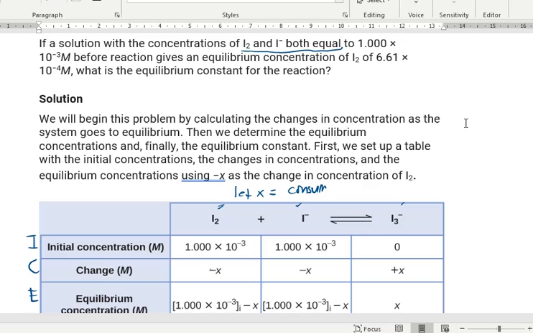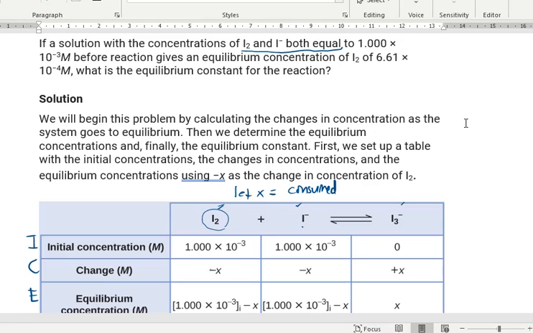consumed. Okay? Consumed 1 mole. So if you consumed x, if you consumed 1 mole of I2, that would be a consumption of 1x, or x. And that means I minus is also consumed, because you cannot form I3 minus if you don't use I minus together with I2.